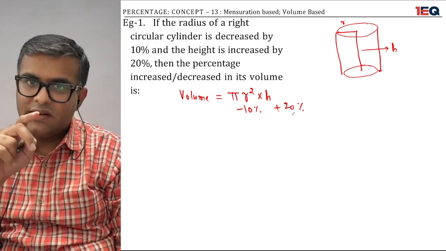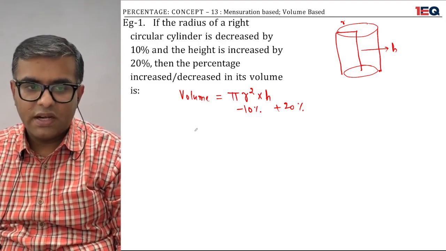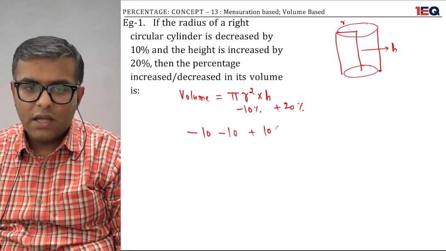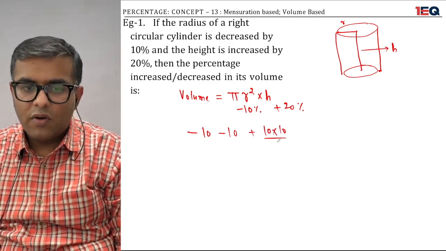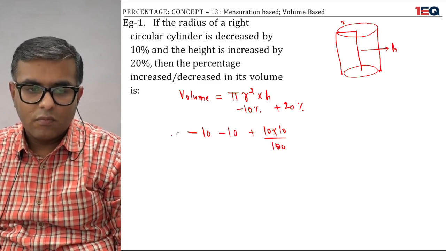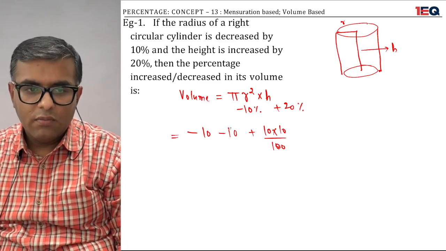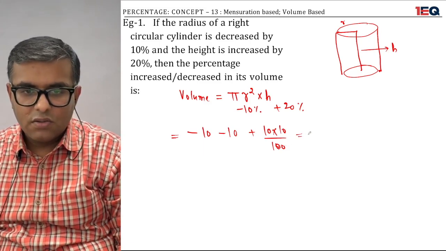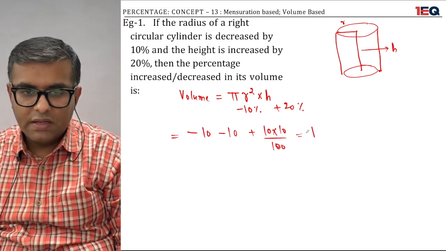The first radius, the second radius and the height. So I'm going to solve it that way. It's minus 10 minus 10 plus 10 into 10 upon 100. I'm using the same formula. Minus 10 and this would be 1. So this would create minus 19%.